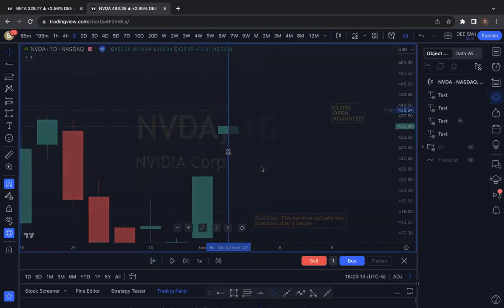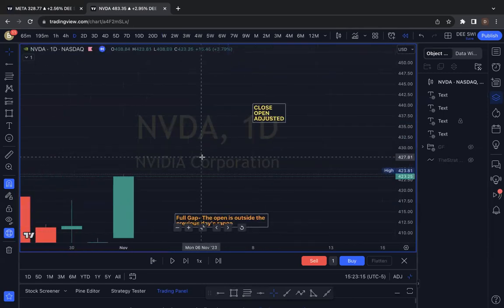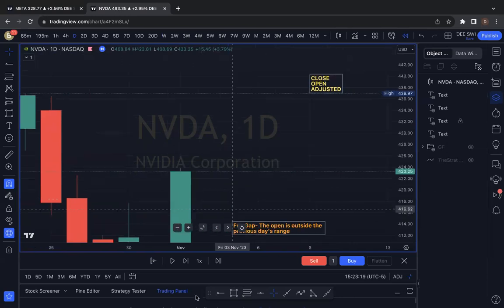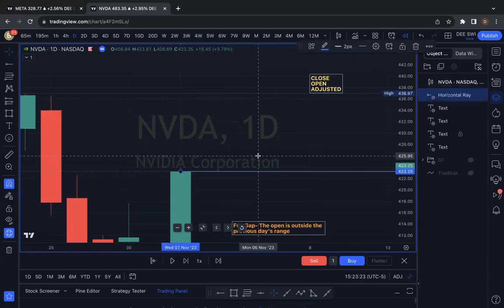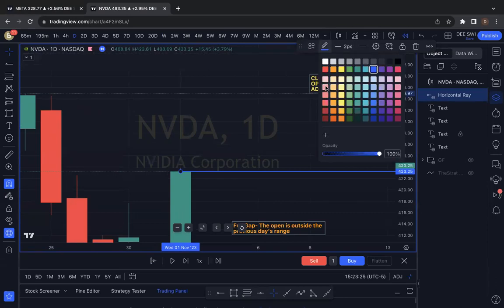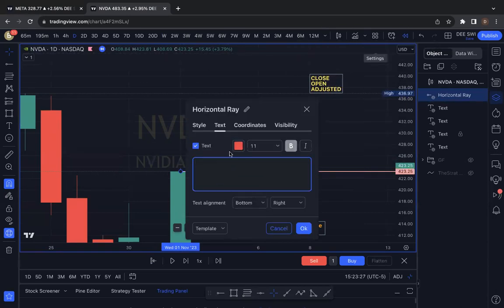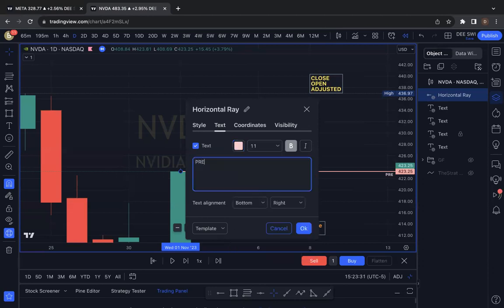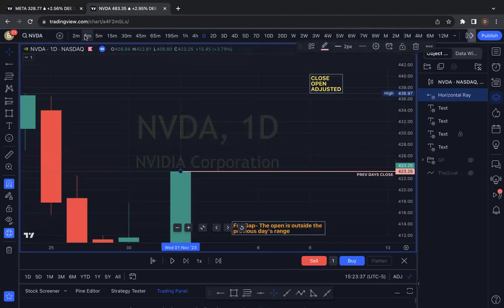I'm going to take this one away. Okay, so we know that price closed right here. So we're going to mark this as previous day's close.